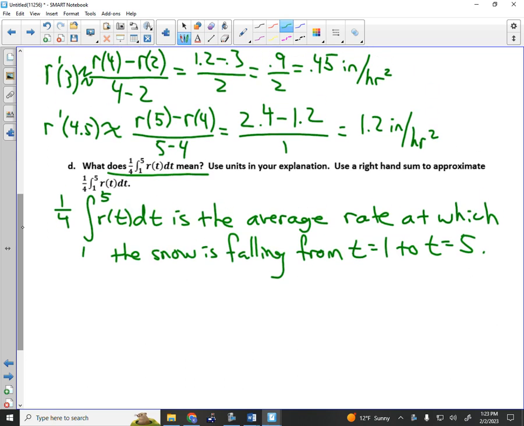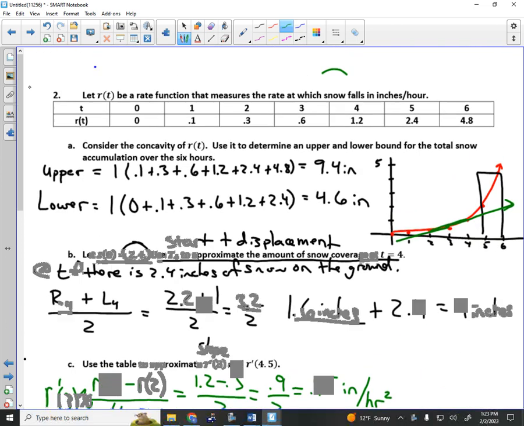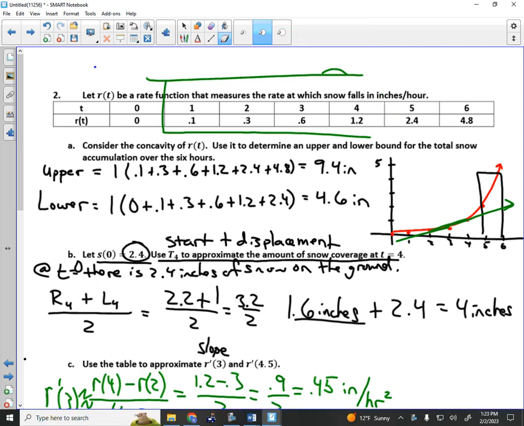Now, we're going to use a right-hand sum to approximate that. I want you to quickly talk with the person next to you. What would you guess is the average value of the rate from 1 to 5? So the average of those numbers, what would you say?